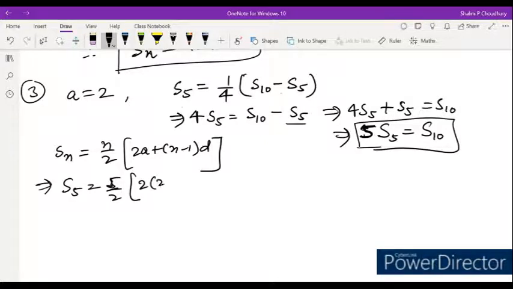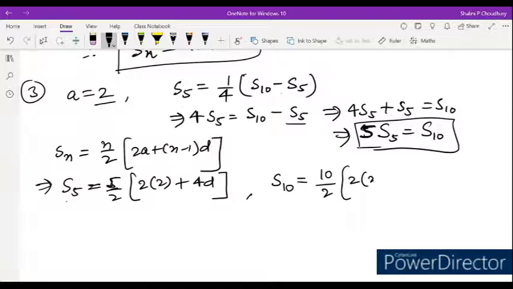The value of a is 2, plus n minus 1 d. So n is 5, so n minus 1 will be 4, so 4d. And what will be the value of S10? The value of S10 will be 10 upon 2 into 2 into first term plus n minus 1, so 10 minus 1 will be 9d.